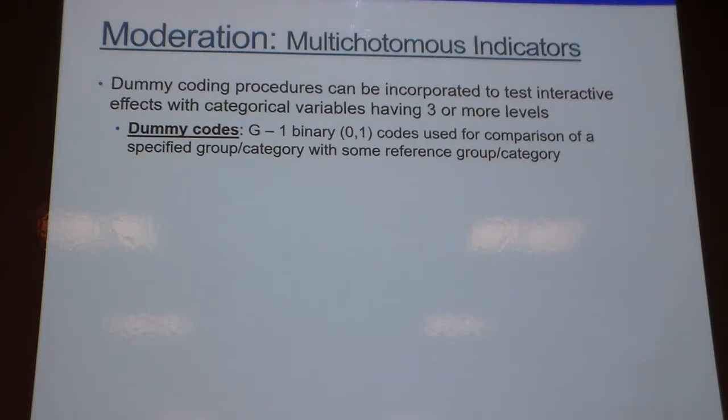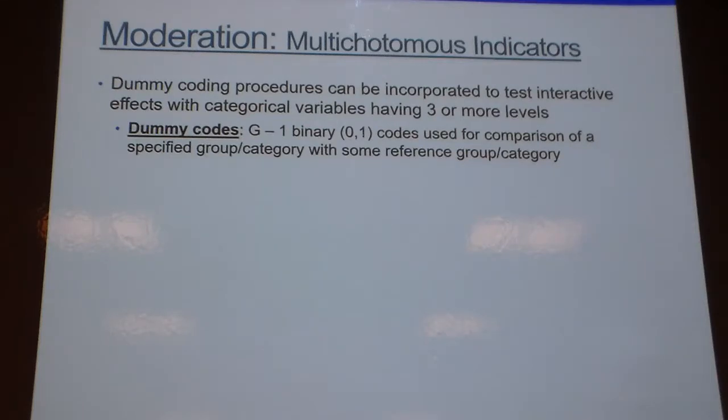So if we've got multichotomous indicators, right? If we've got some variable that has at least 3 or more levels, a number of different ways we can take a look at this, but one of the ways that we can do is we can start dummy coding things. Okay? With the dummy code, what we're going to do is we're going to choose some specific group as our reference group.